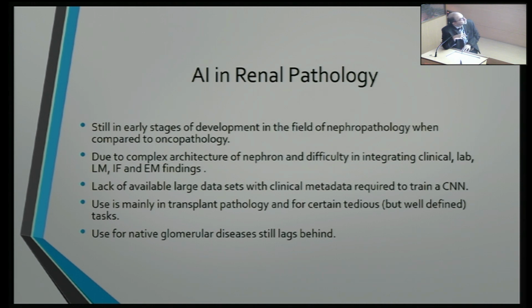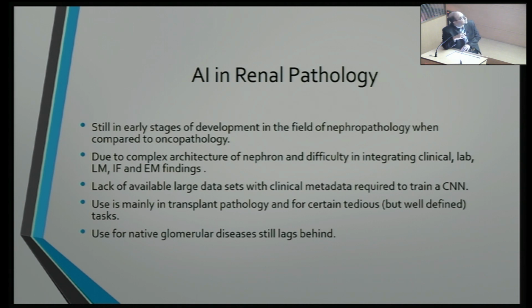The reasons could be the complex architecture of the nephron, which is fine, but the main reason, which I feel, is the difficulty in integrating the clinical data, lab data, light microscopy, immunofluorescence, and EM findings, and then actually giving a complete picture in a biopsy report. This actually requires cognitive ability, which as of now, the current algorithms are not able to give a wholesome picture.